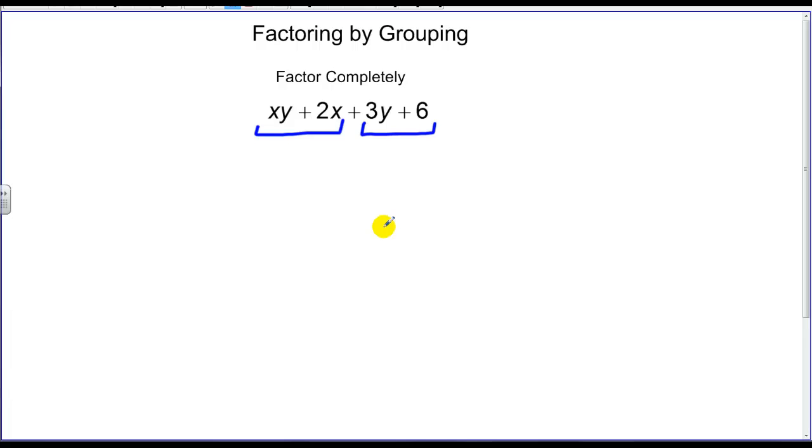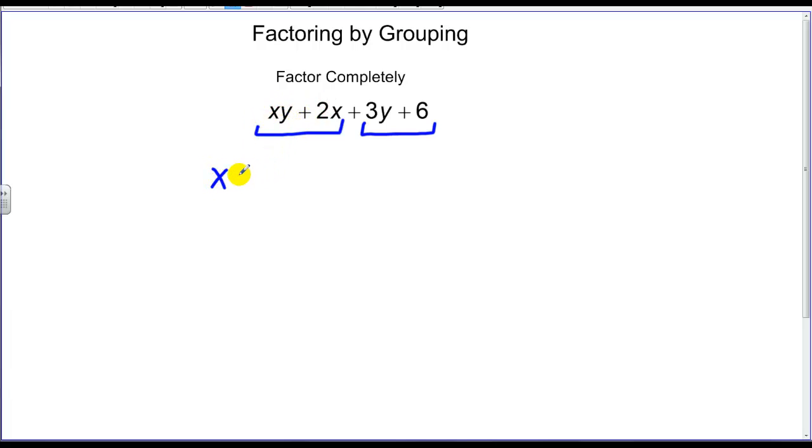Now you'll notice the way I've split this up, I have my first two terms grouped because they have x's in common. And then my second group is split up because there's a 3 in common.